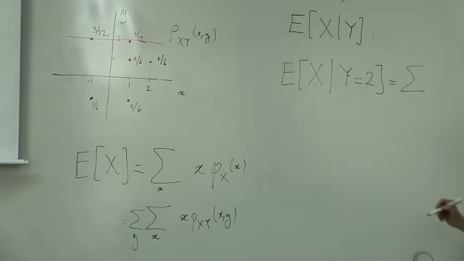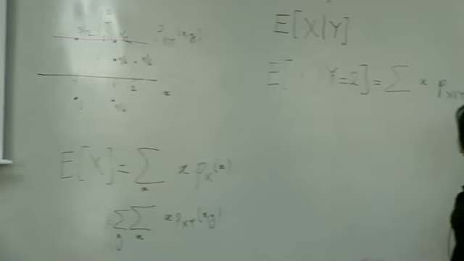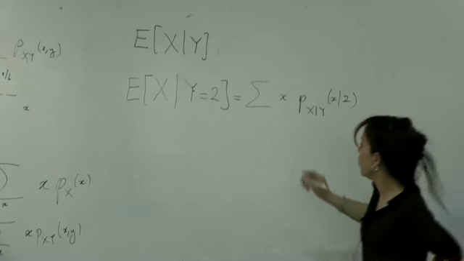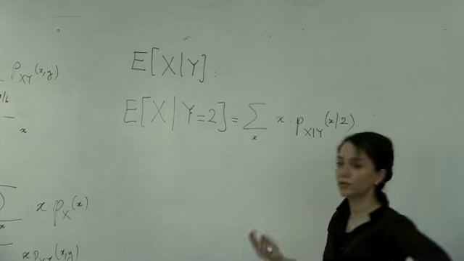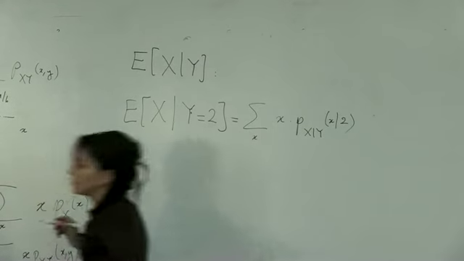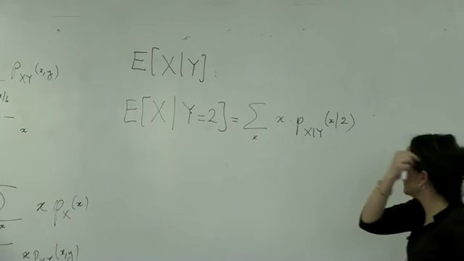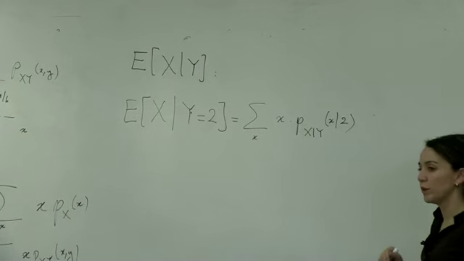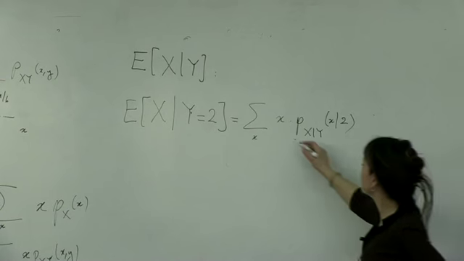Well, maybe let's write it as a summation first. x times p_{X|Y}(x | 2), over all values of x. In this case, there are two values. X is either -1 or 1. Okay, p_{X|Y} is what we would need.